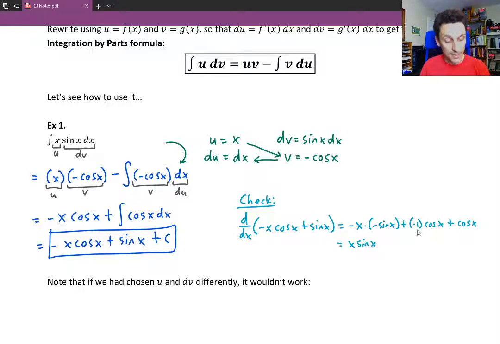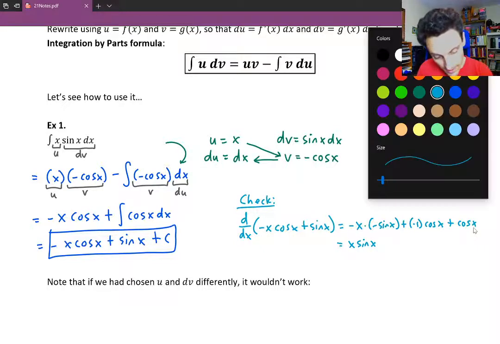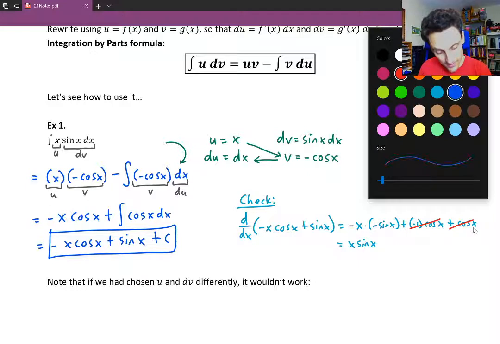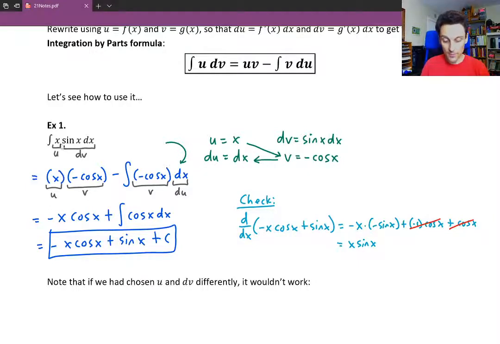Negative 1 cosine x is negative cosine x, plus cosine x is going to cancel. So actually x sine x is it. We're done. And that's exactly what we started with, was x sine x. So the antiderivative of x sine x, or the integral of x sine x, is negative x cosine x plus sine x plus c.